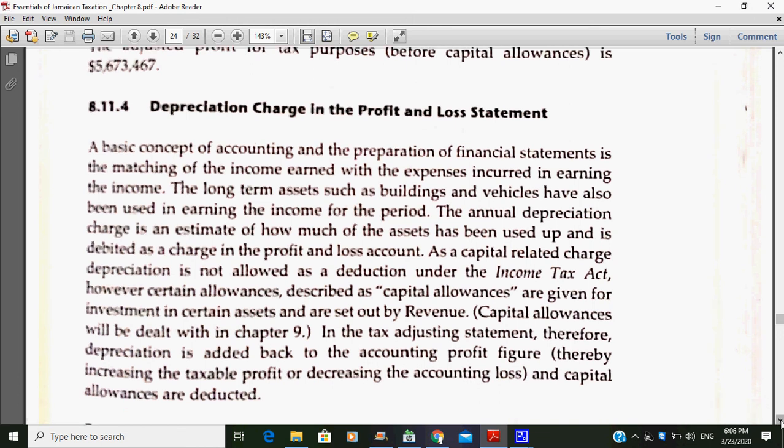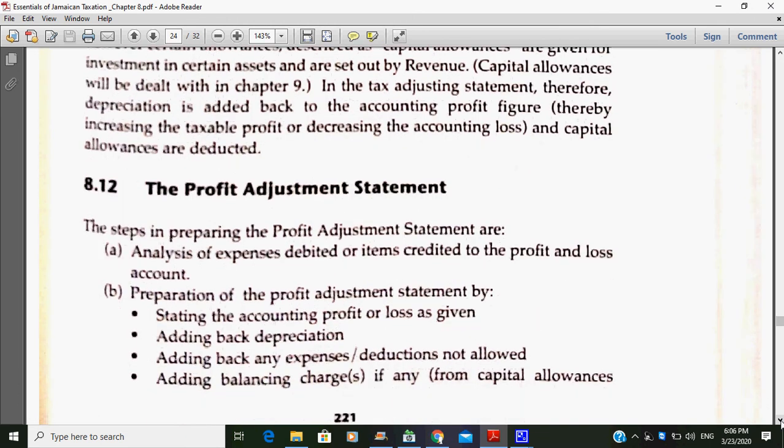The steps in preparing the profit adjustment statement, and this now is for a sole proprietor, please write this down and remember it, are: analysis of expenses debited or items credited to the profit and loss account, then preparation of the profit adjustment statement by starting with the accounting profit or loss as given.